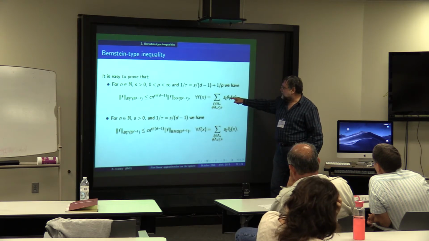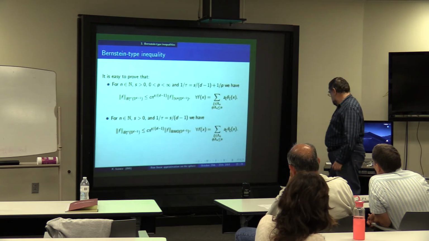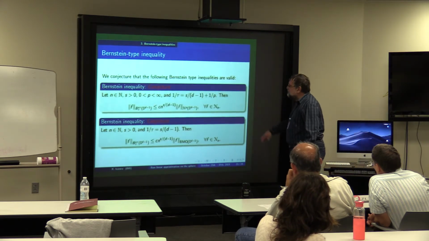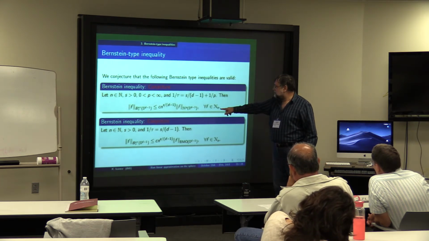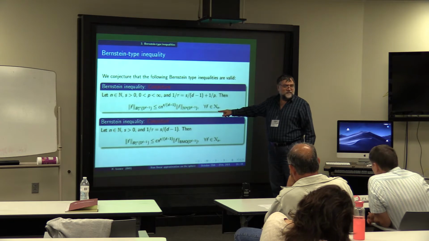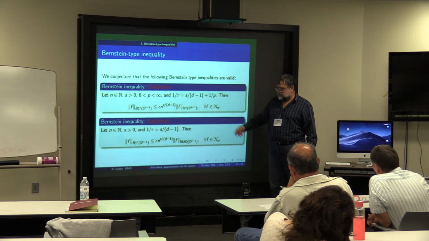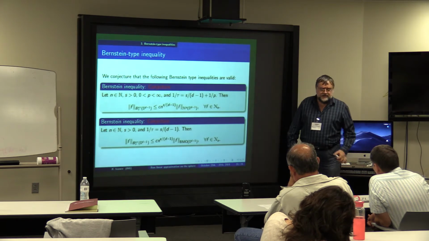Now, when we go with n number, so this can be done. Big open question, conjecture, okay, we have put it. Can you prove Bernstein type inequality when you take the more general sets of functions which have only n poles outside of the unit circle, but they're otherwise arbitrarily distributed?